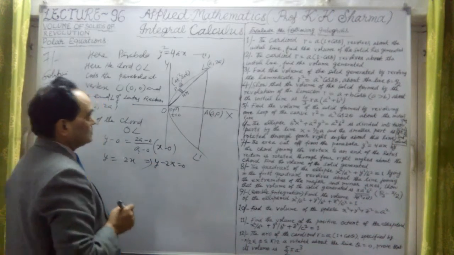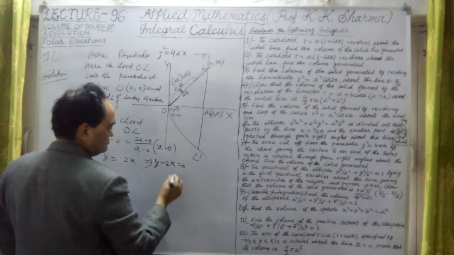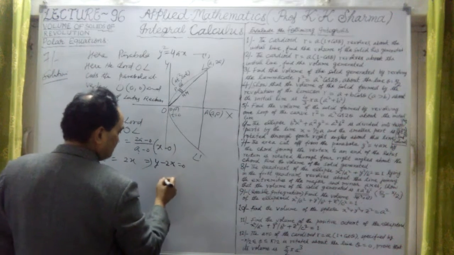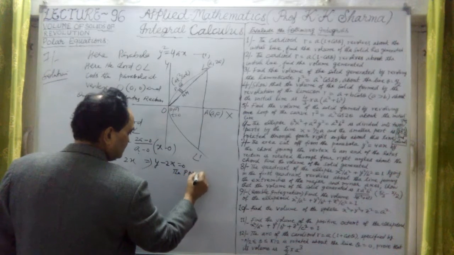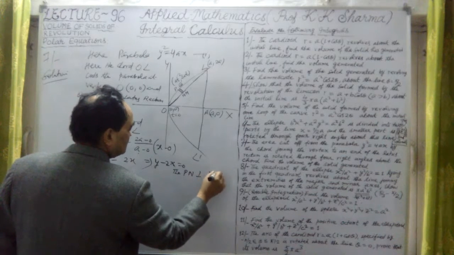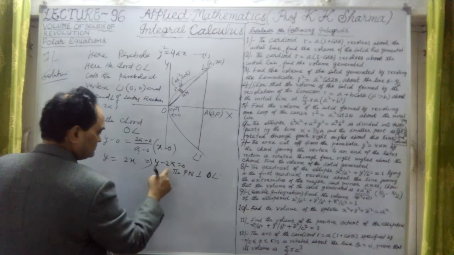Now we have to draw a perpendicular from P to this chord. So the equation of that PN perpendicular. Let me find out PN here. So PN is perpendicular to OL. What is the perpendicular length? That is given by this equation.